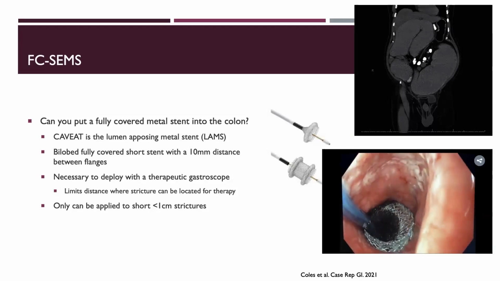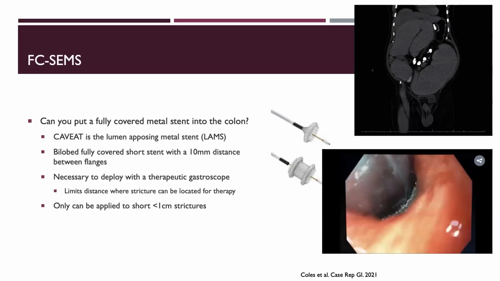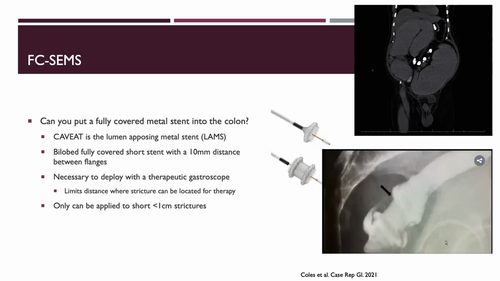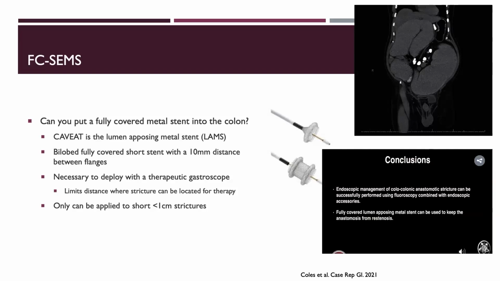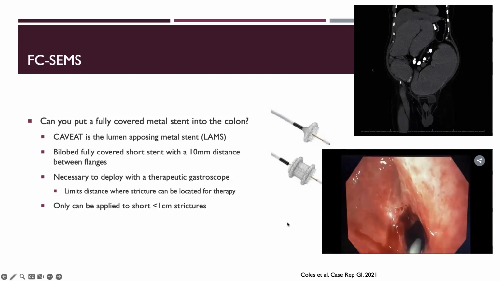The nice part about this LAMS is that you can dilate it after as well. If you put in a 15 millimeter LAMS, you can dilate it to 15 millimeters. If you put in a 20 millimeter LAMS, you can dilate it up to 20 millimeters. So again, another good option mostly for anastomotic strictures.